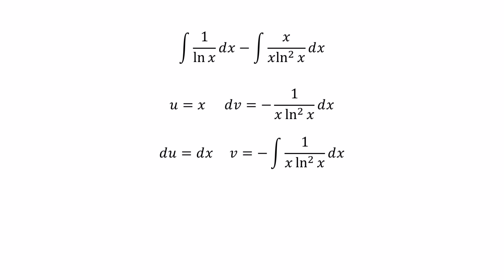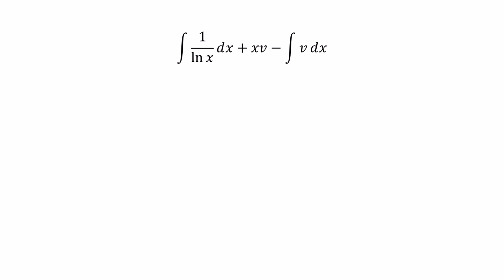Applying the integration by parts formula then gives the integral of 1 over ln of x dx plus xv minus the integral of v dx. Next, we compute v.